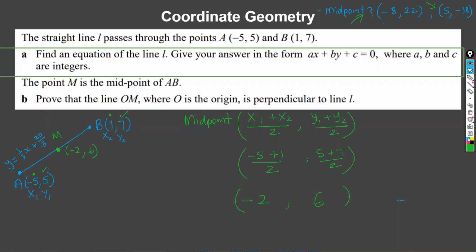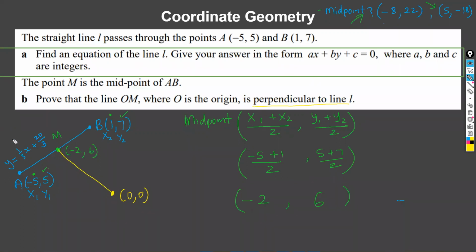What they are saying is that the midpoint, which is minus 2, 6 now, is connected to the origin. And we know the origin is 0, 0. You're trying your best to prove that the blue line and the yellow line are perpendicular to each other. Whenever you're trying to prove two lines are perpendicular, you need to find the gradients of both lines first.